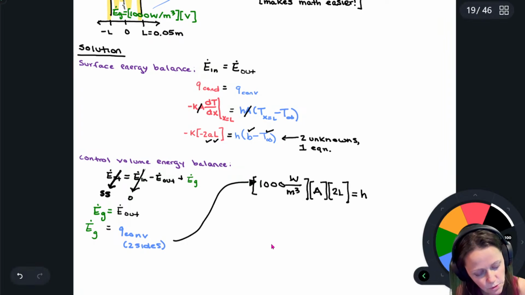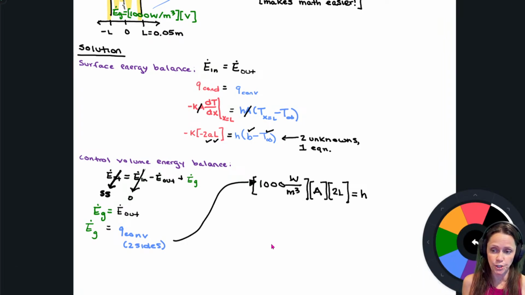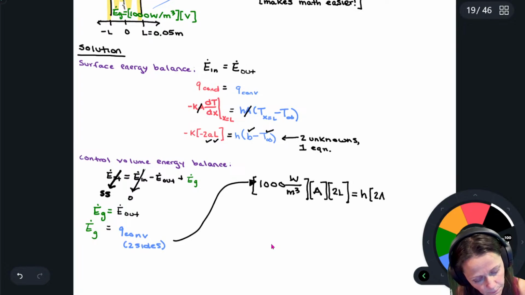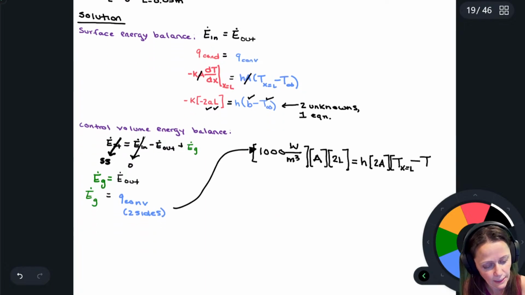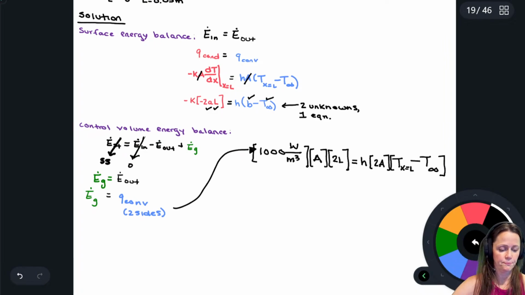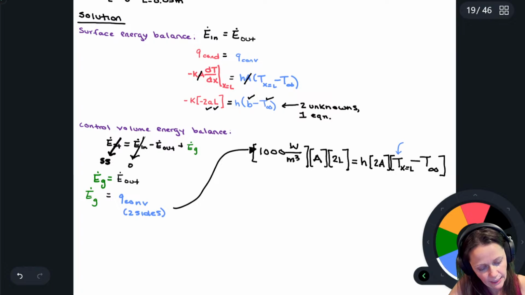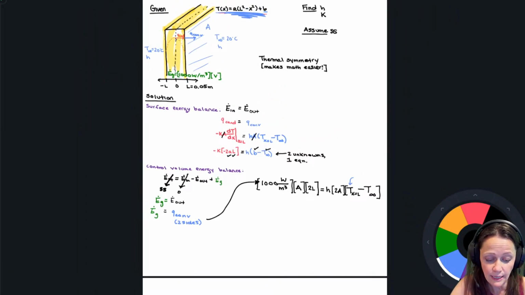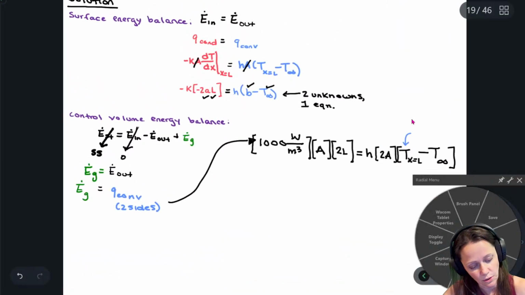By Newton's law of cooling, this is the convective heat transfer coefficient times the area through which that convection happens, which is 2A, since it's on both sides, times T at x equals L minus T infinity. Remember, T at x equals L, if we plugged into our equation up there, is B, which is 30 degrees.